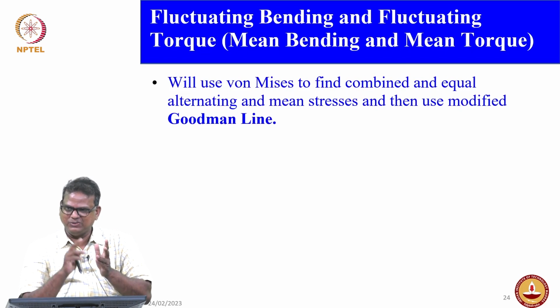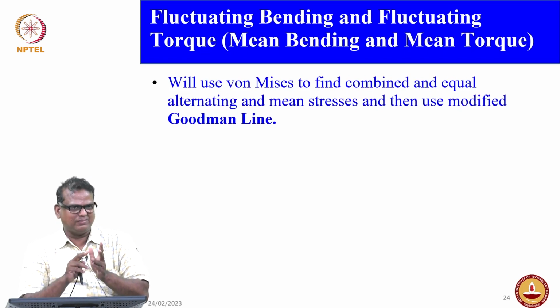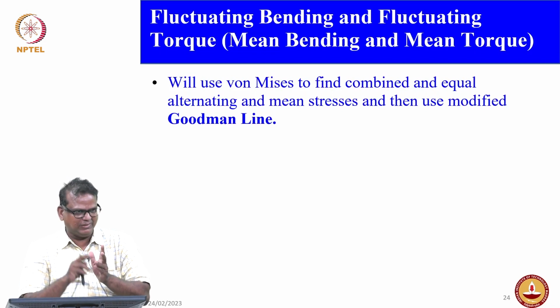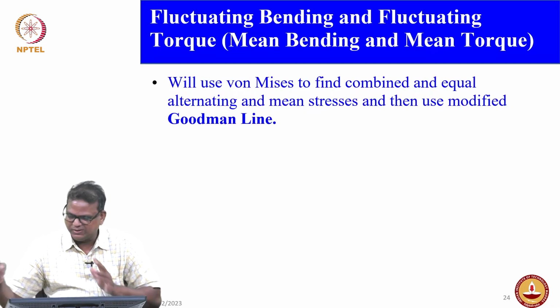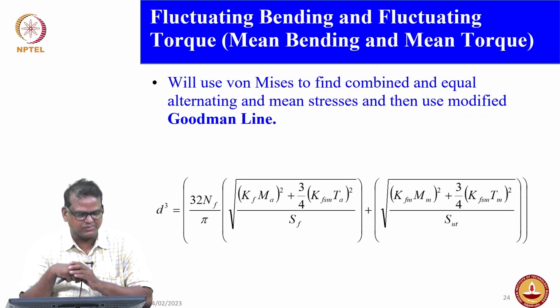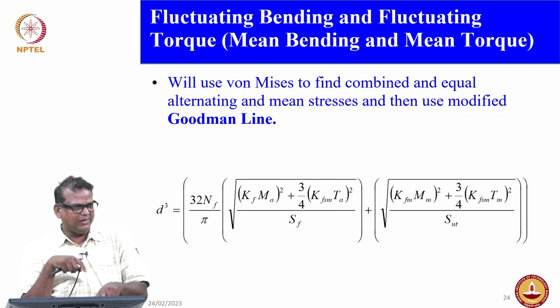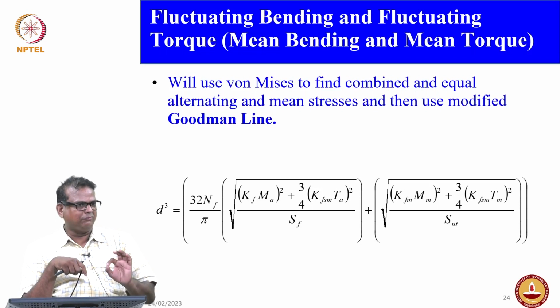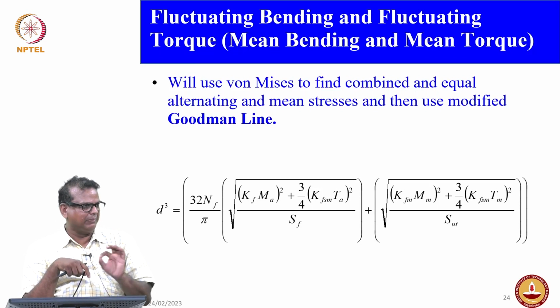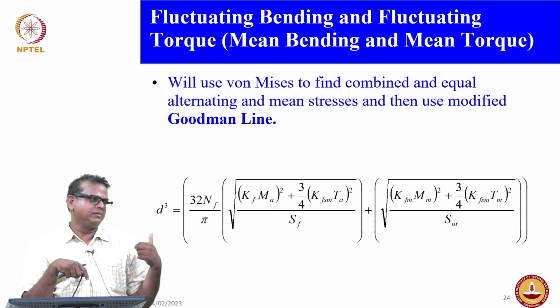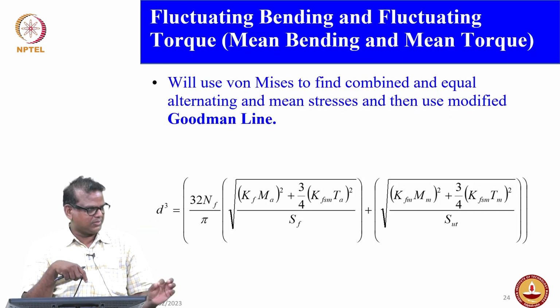So again you have to calculate the individual diameter of the main output shaft using this equation. This ASME equation is valid only for fluctuating torque and fluctuating bending. The previous equation is valid for a constant torque and fully reversed bending, right.